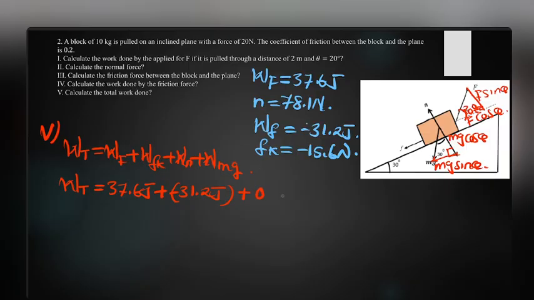So the work done by the normal force is 0, and the work done by the gravitational force is 0. So the total work done is 37.6 minus 31.2 joules, and I'm getting 6.4 joules. So 6.4 joules becomes the total work done on the block.